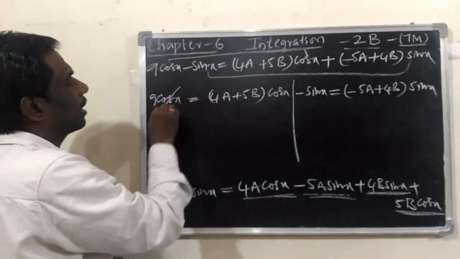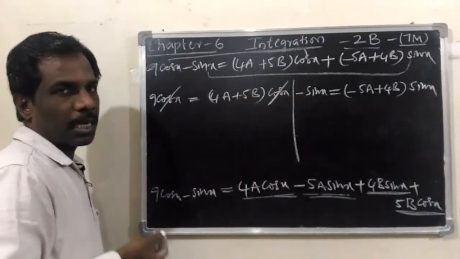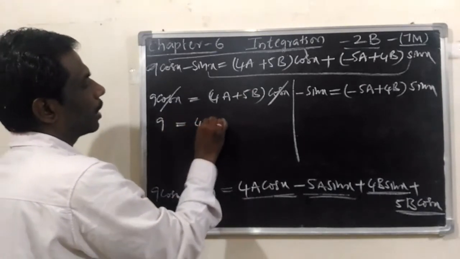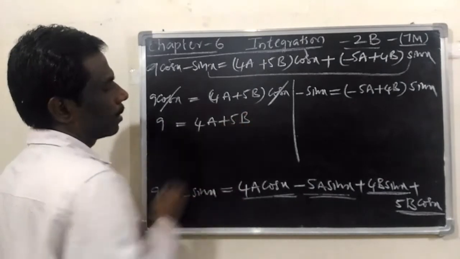Now we can cancel cos x on both sides. Then what remains is 9 equals 4a plus 5b.